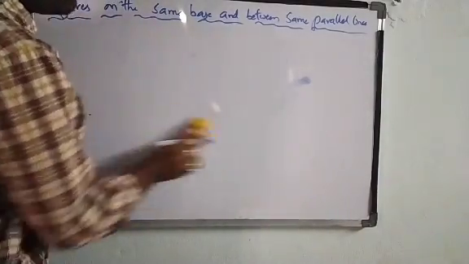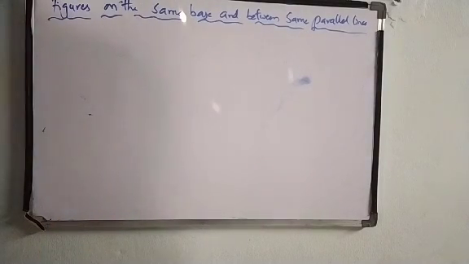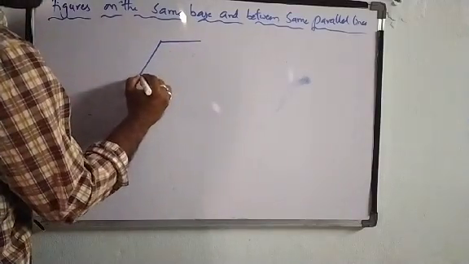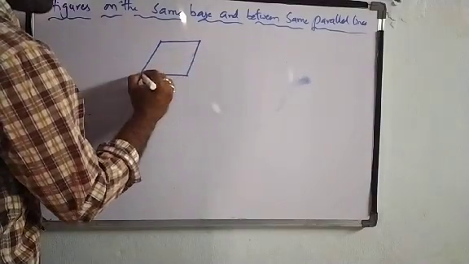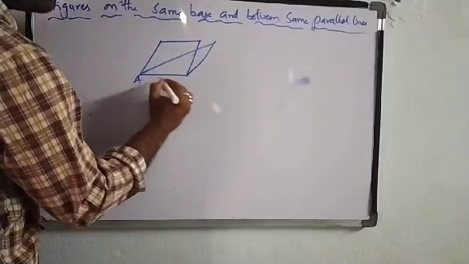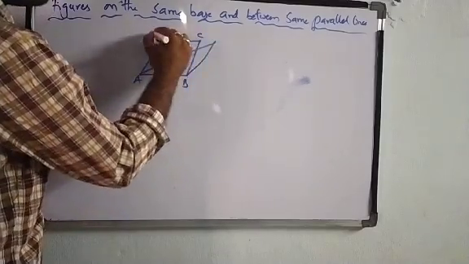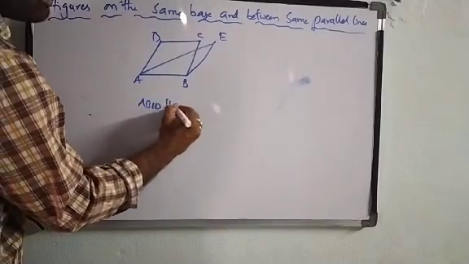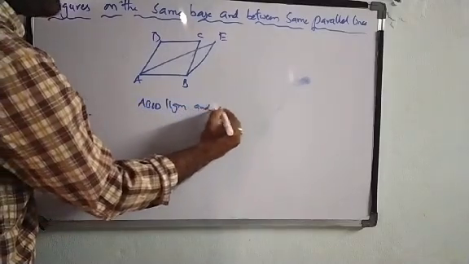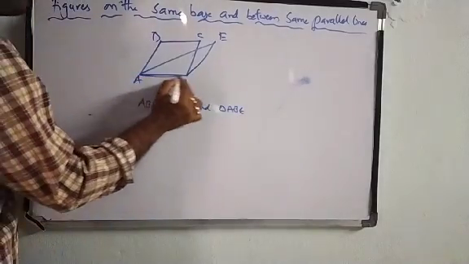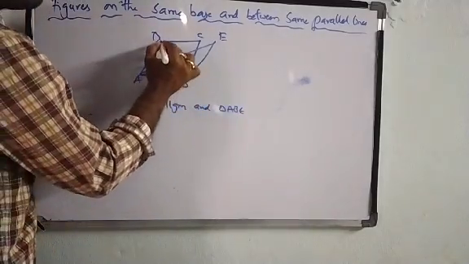Okay. Not only this, it may be any figure. For example, we can take the combination of a parallelogram and a triangle as well. So A, B, C, D, E. Here ABCD parallelogram and triangle ABE are on the same base AB and between the same parallel lines, AB parallel to DE.